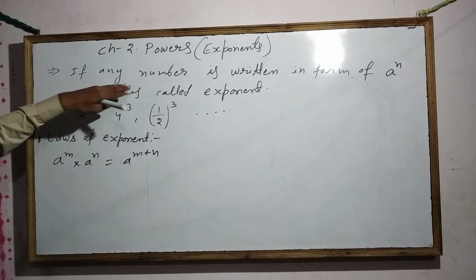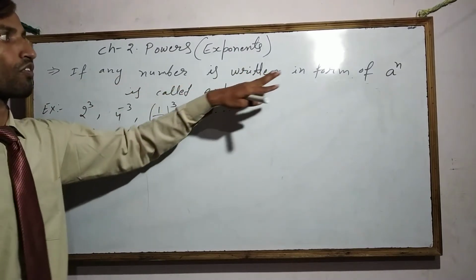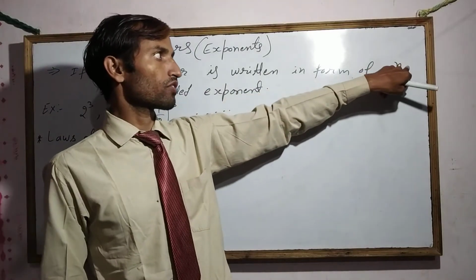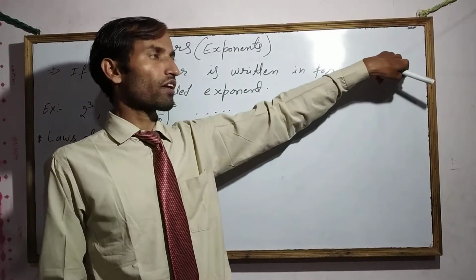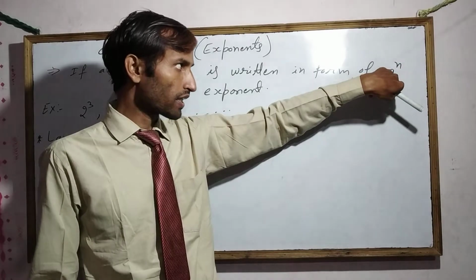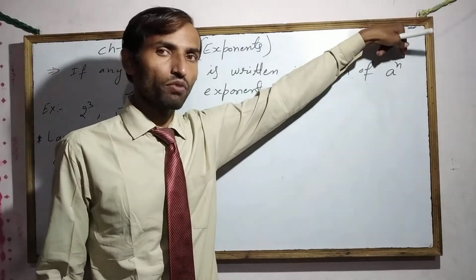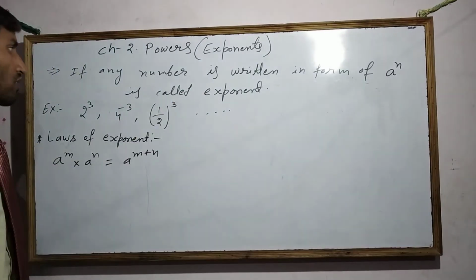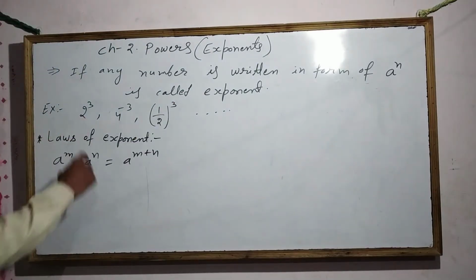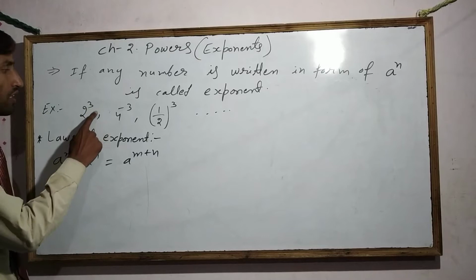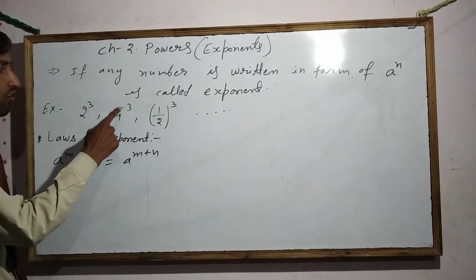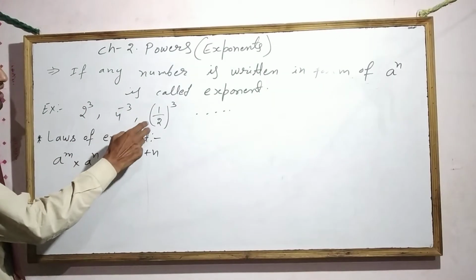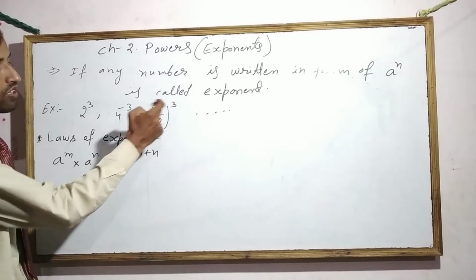It is an exponent if any number is written in the form a^n, meaning a to the power n. We read it as a is raised to the power n. For example, 2 to the power 3, or 2 raised to the power 3, or 4 to the power minus 3, and (1/2) the whole power 3.